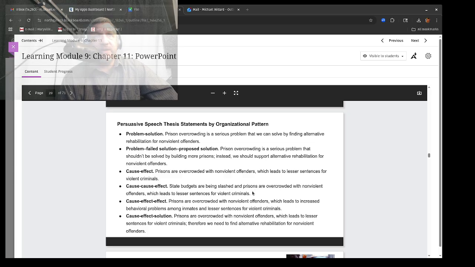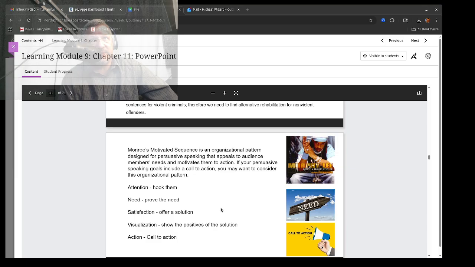Meaning we've got a problem, we've tried to solve the problem, it didn't work, here's another solution. Then there's cause, effect. Sometimes multiple things cause something to happen. There's also cause, effects, meaning there could be more than one effect from a cause. And then there's cause, effect, solution, where again there's a cause, there's an effect, but here's a solution to stop the cycle.